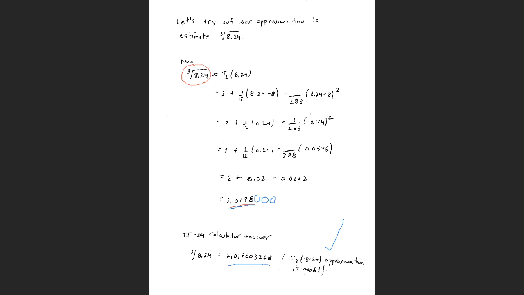Okay, you're welcome. Now, what if I wanted to compute the cube root of 50? Would this second degree Taylor polynomial work well for approximating the cube root of 50?